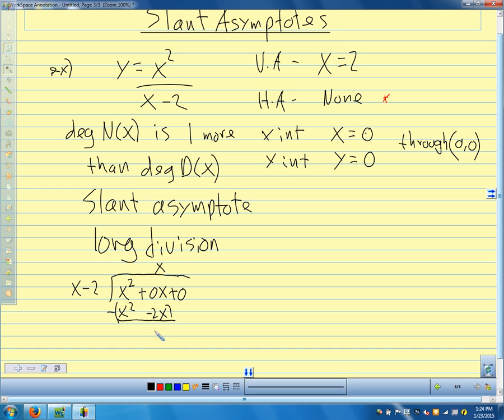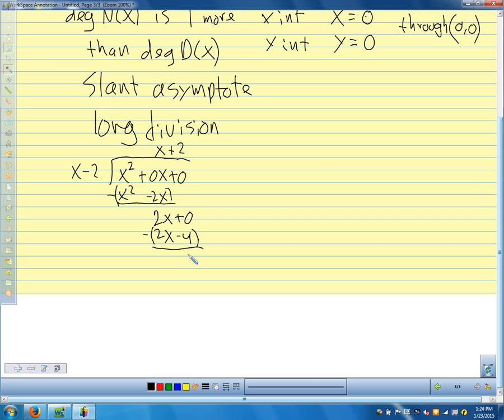Subtract, so I get 2x plus 0, bring that down. What do we multiply x by to get 2x? Multiply by 2, so I get 2x minus 4. Subtract, and I get a 4. And I can't divide anymore.